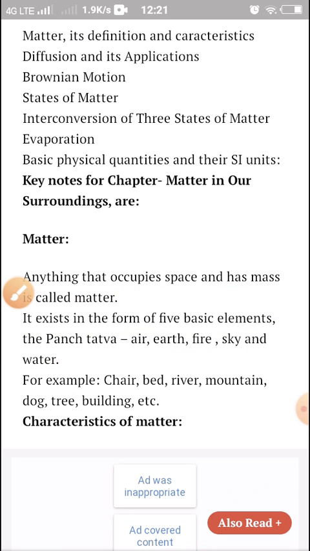Let's take an example. If you go to a market, you see many items over there, and you see that little space is left to walk. What is that? Little space is left because the items have occupied the area.